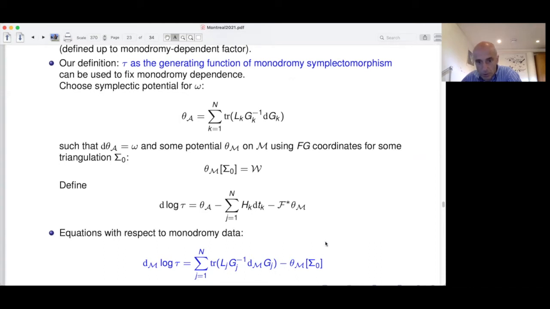It's natural to assume that the natural definition would be without that term, but that's of course wrong, because then the form here wouldn't be closed, right? So you couldn't integrate it. So you have to subtract this counter term, and then you get the closed form with respect to monodromies, and you can integrate.